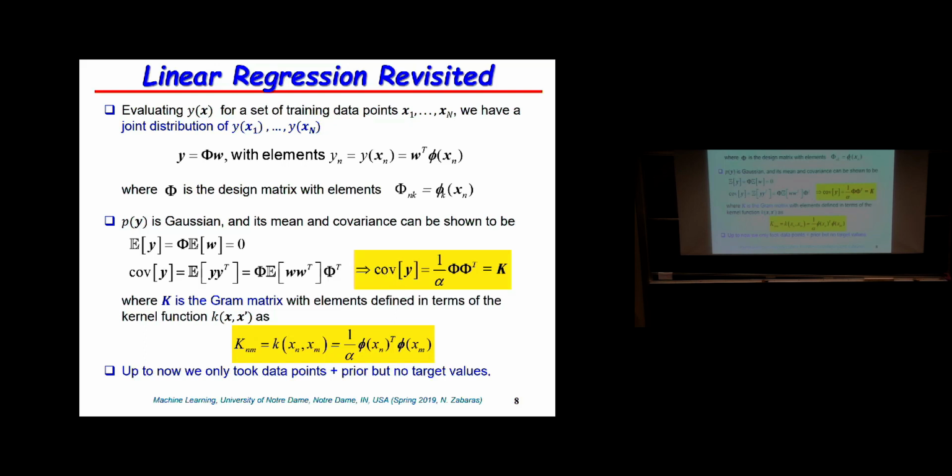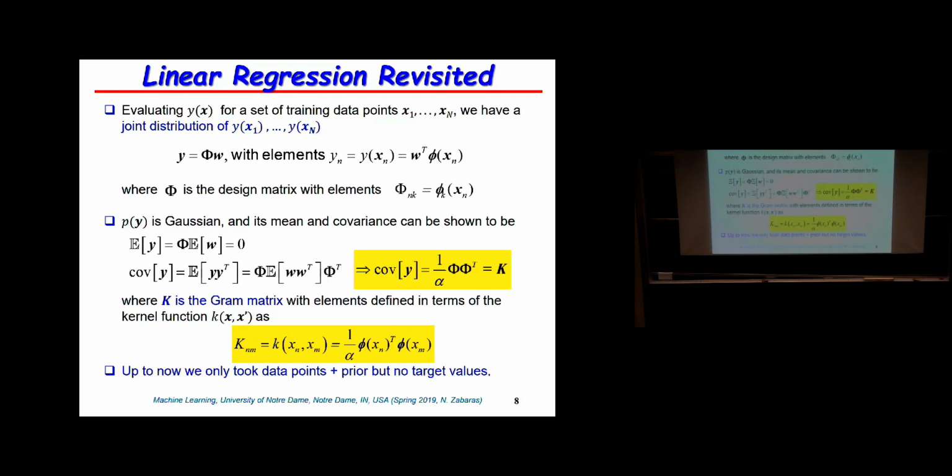And if you actually write this explicitly component-wise, the components look like phi of xn transpose, phi of xm, scaled with 1 over alpha. And you remember when we discussed kernel methods, literally what we have here is the inner product of phi of xn with phi of xm.